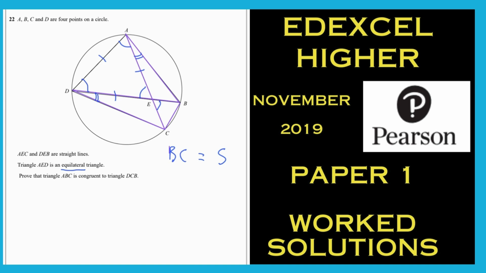Because the angles on the same arc are equal. So we've got an angle, and you can flip that in reverse. You can say that that is equal to that. But here's your problem. They're not the angle inside the triangle. What you're looking for is another angle like ABC.